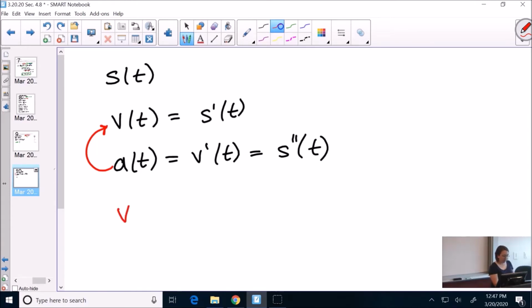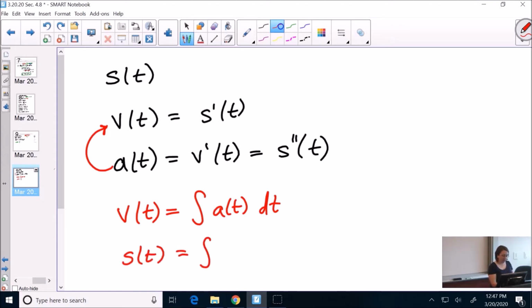So if I work my way back, the velocity is the antiderivative of acceleration. I'm going to put dt here because it's our variable t, not x. To get back to position, we take the antiderivative of the velocity with respect to t. We're not going to talk about double integrations until you get to PAL 3. So have fun there. Do one at a time for our class.